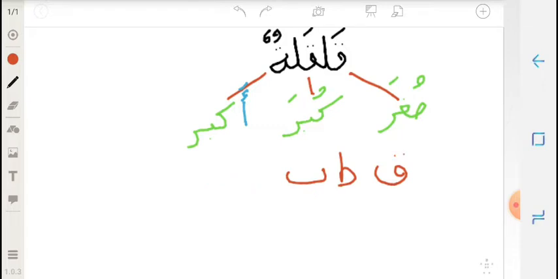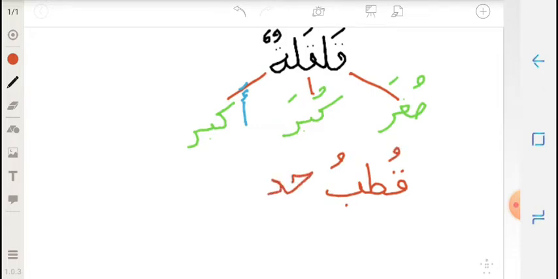If we put them together, we would have a word, and I'll write this down for you. We would have Qutbu Jad. Okay, now if any of these 5 letters are sakin in a surah, you would have to produce an echo sound.